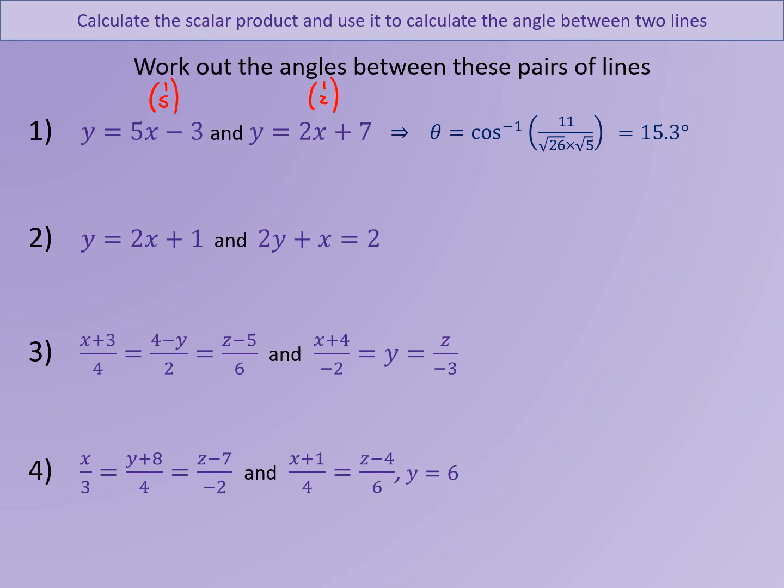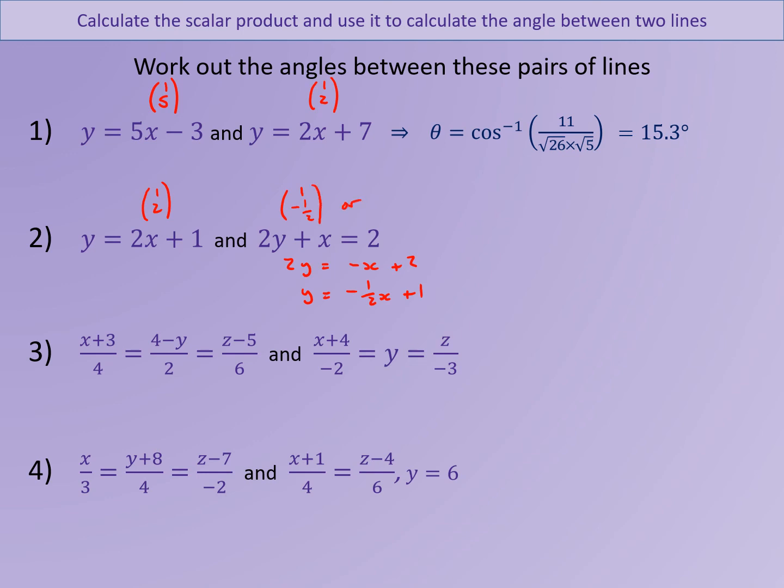For the second pair of lines, the gradient is 2 for the first line, so we could use 1, 2 as the direction vector. For the second line, we need to rearrange the equation to find the gradient of the line. We can see here that the gradient is -1/2. So a potential vector could be 1, -1/2. For every 1 you travel across, you travel 1/2 down.